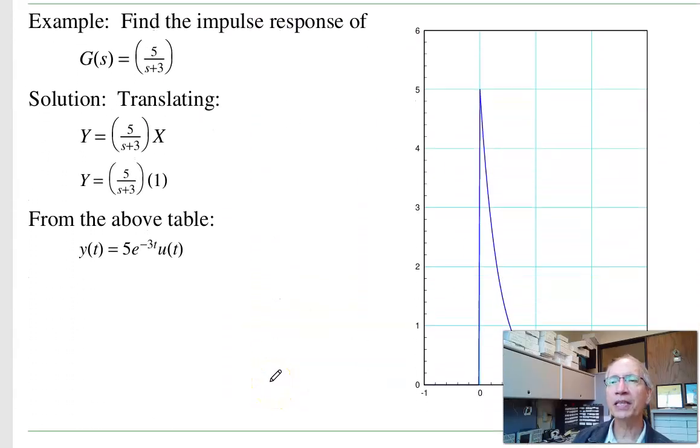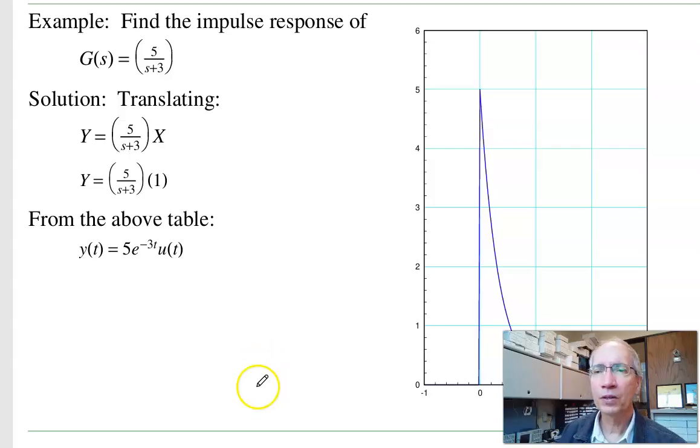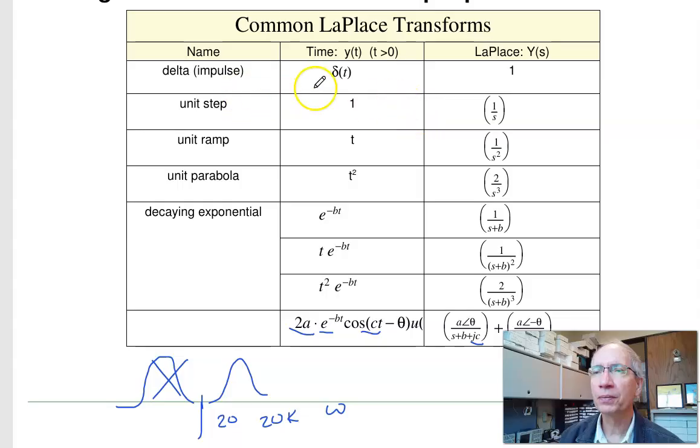So let's do a couple examples. Suppose I have x and y related by a differential equation. So y is 5 over s plus 3 times x. Find the impulse response of this system. Well, the approach is I go back to my table. If x is an impulse, the Laplace transform is 1.